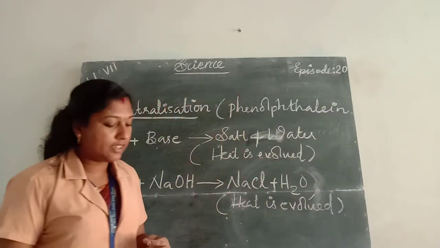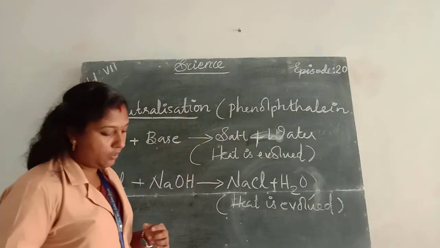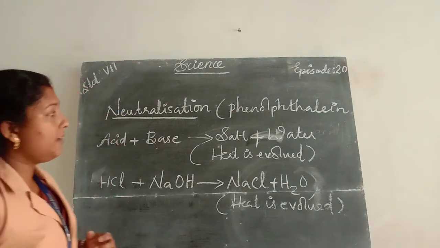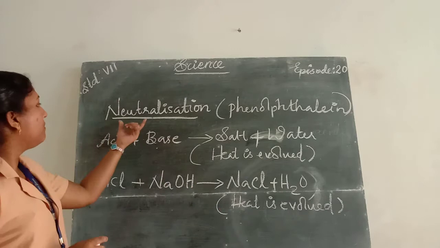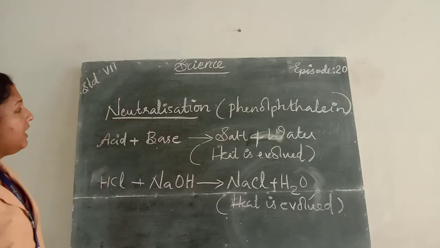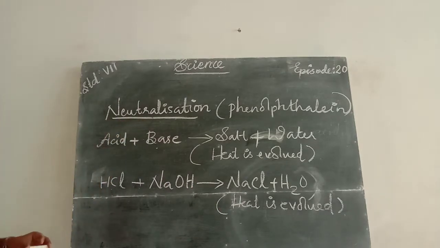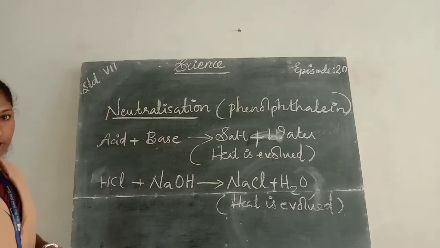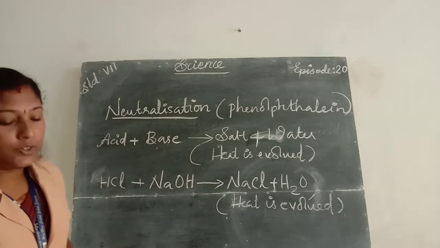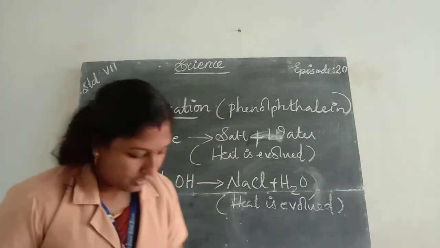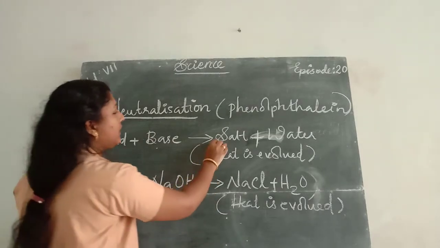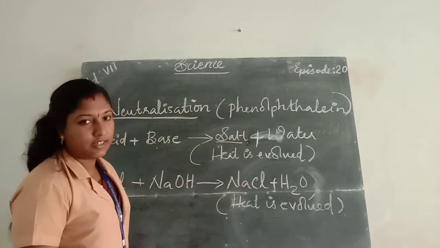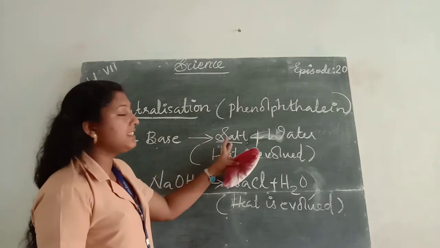Phenolphthalein is used as a synthetic indicator for finding neutralization. Okay, all of you understood about neutralization. In neutralization, a new substance is formed, that is salt.